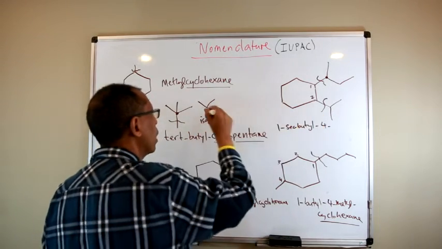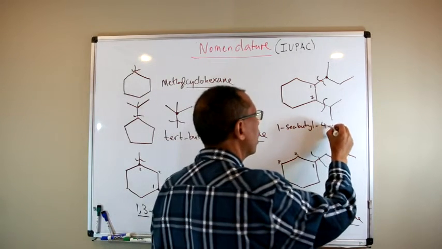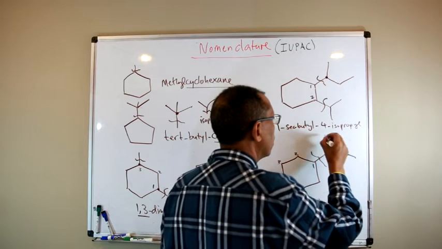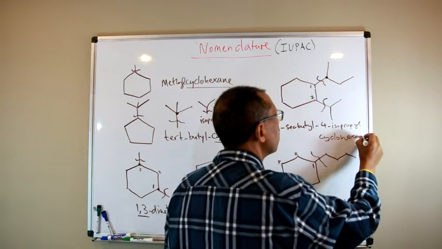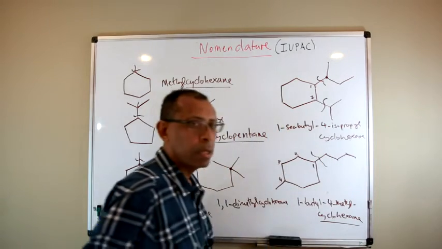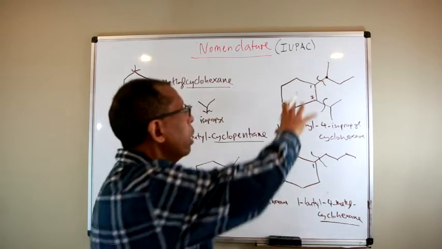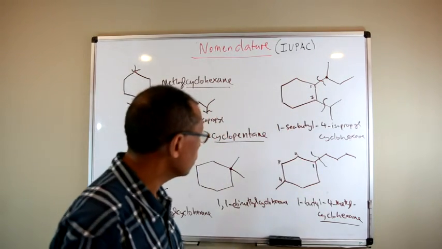So what you see here as a substituent is isopropyl. So this is called isopropyl cyclohexane, 6-membered. Always the suffix or the compound's base name would be the ring system. The ring system cannot be a substituent.